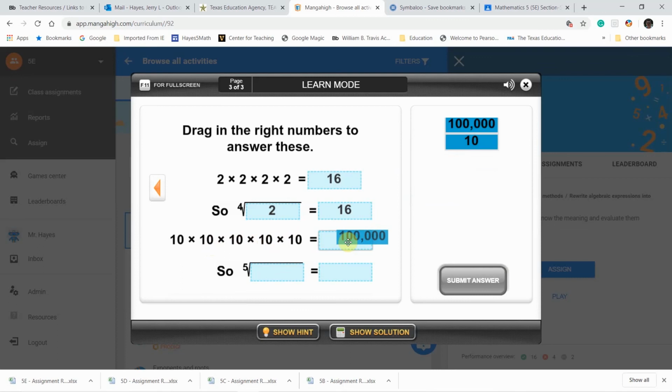So that would be 100,000. So 5 root of what would equal 100,000? So we know the 100,000 there, and the answer is going to be 10 here.